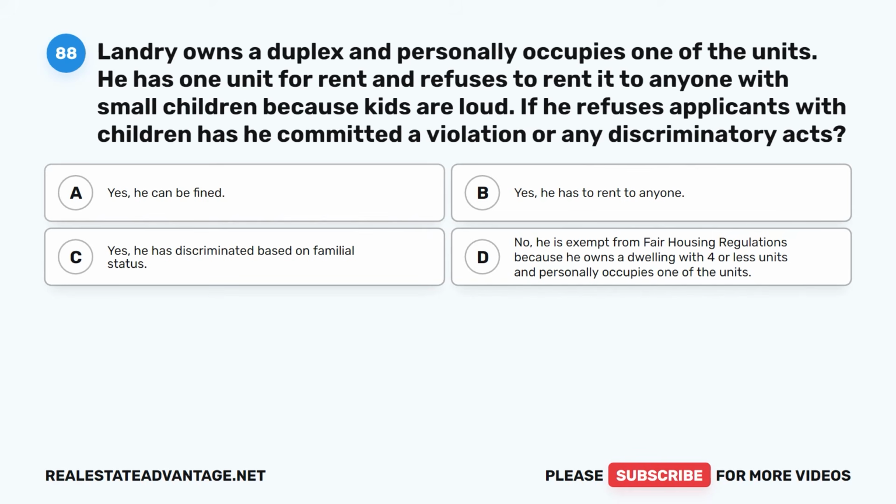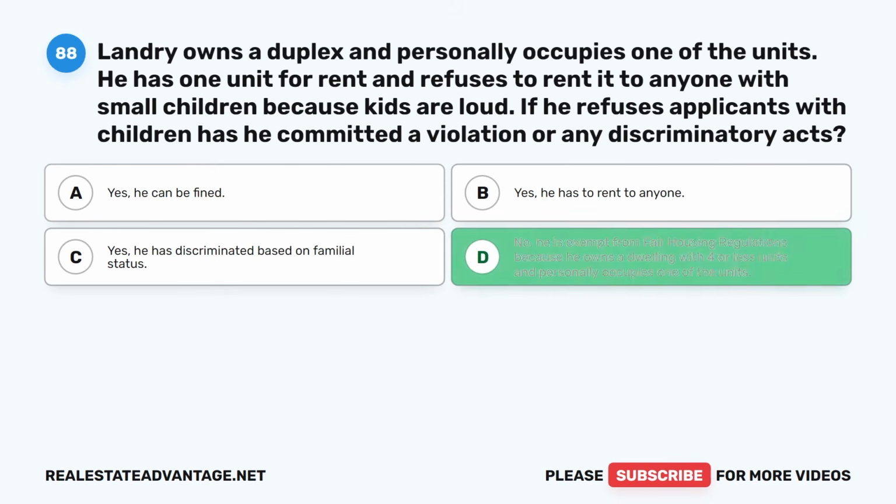B. Yes, he has to rent to anyone. C. Yes, he has discriminated based on familial status. D. No, he is exempt from fair housing regulations because he owns a dwelling with 4 or less units and personally occupies one of the units. The correct answer is D.